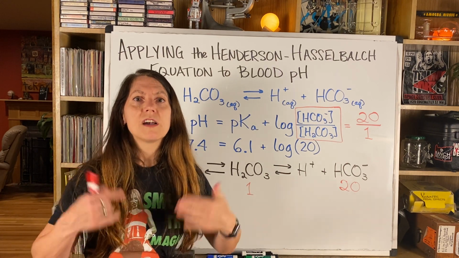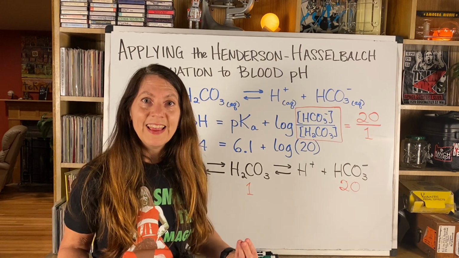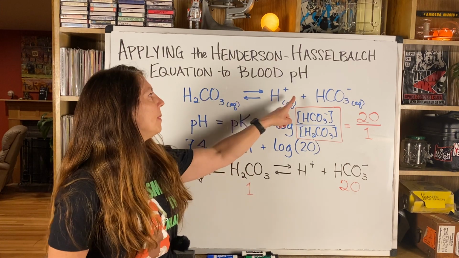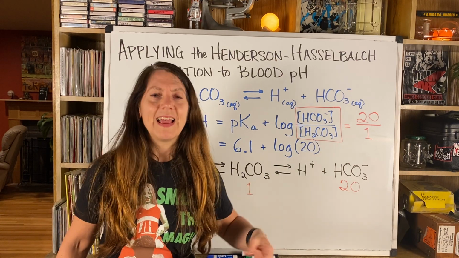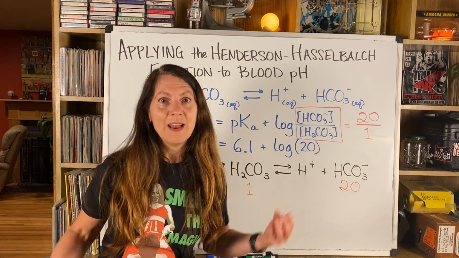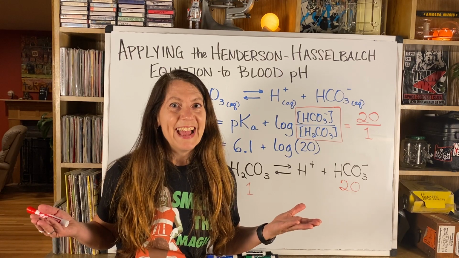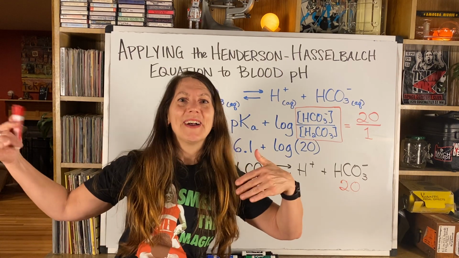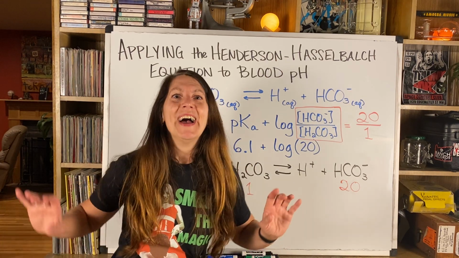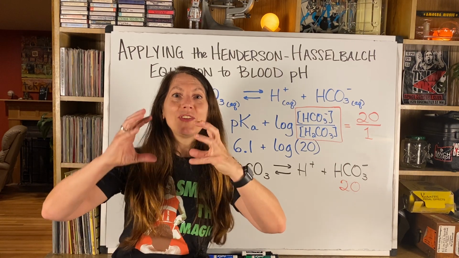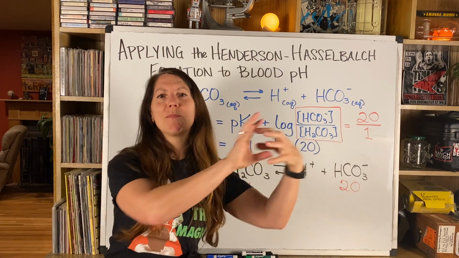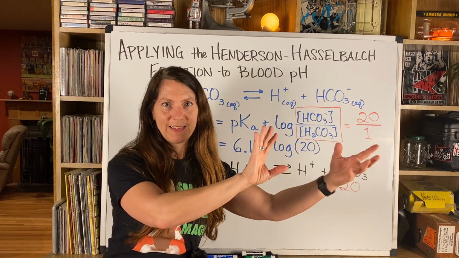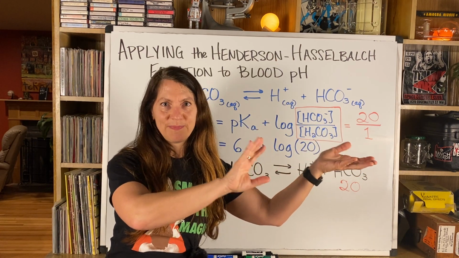This needs to be a constant ongoing process if we think about this equilibrium up here. And if we think about weak acids and the behavior of weak acids. What do we know about weak acids? And again, you watch the video I made about weak acids, where weak acids are mostly staying together as a molecule. And just a few of them are breaking apart to give the hydrogen ions and the conjugate base.